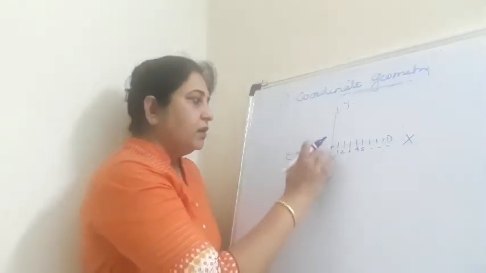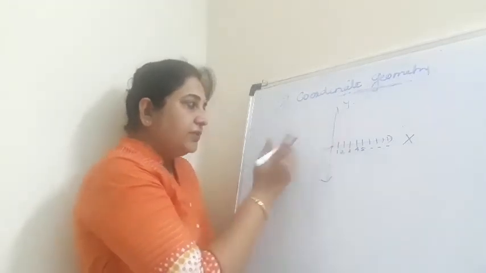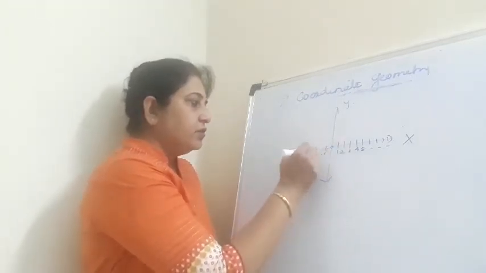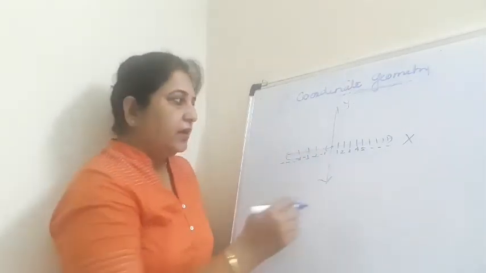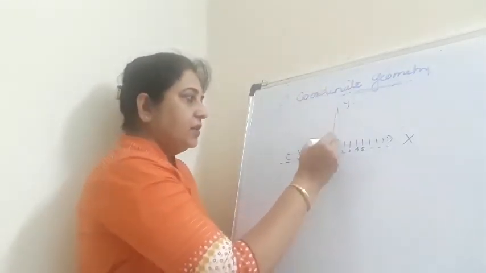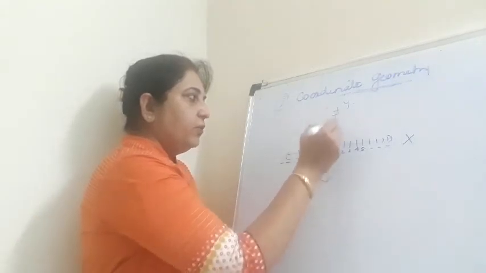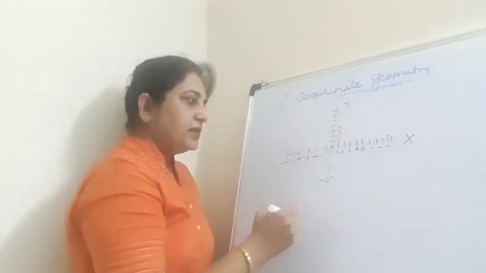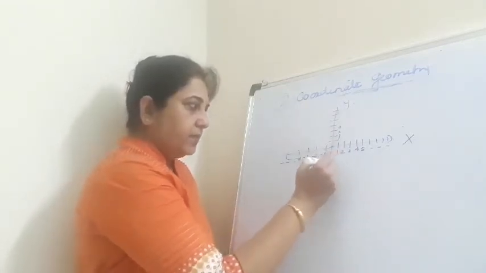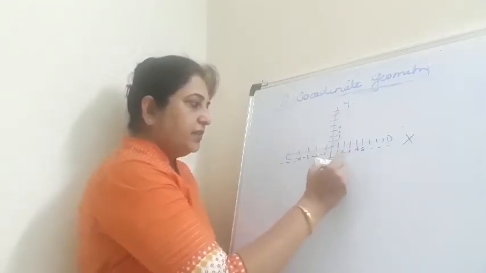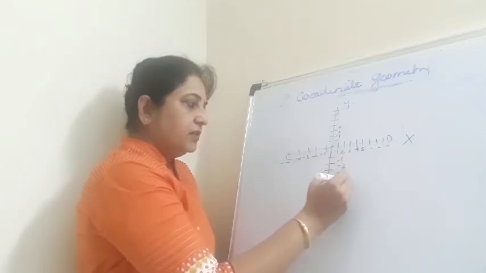Negative numbers. So on the x-axis on the left side we will have -1, -2, -3, -4 and so on. Now coming to the y-axis, over here you will have the positive points, that is 1, 2, 3, 4, 5, 6, and on the bottom side we have negative numbers of which axis?